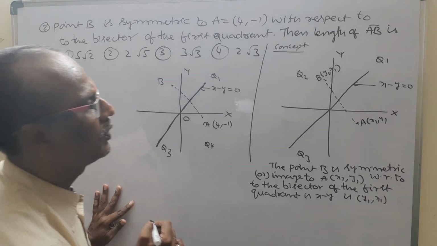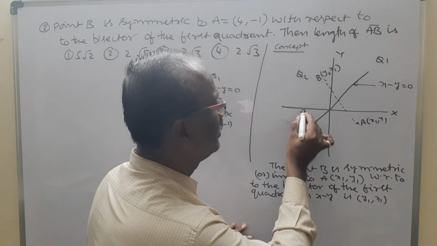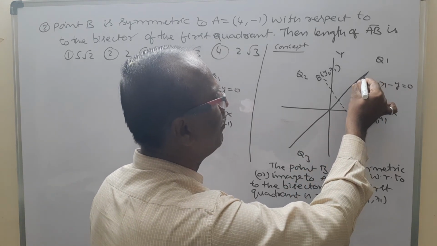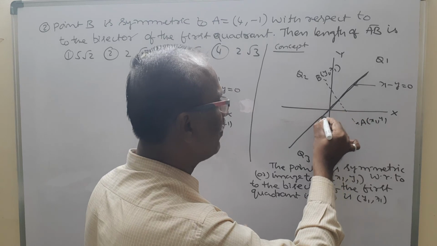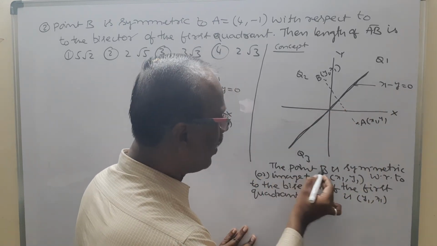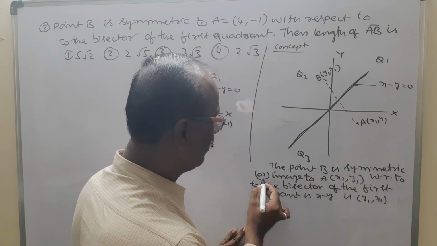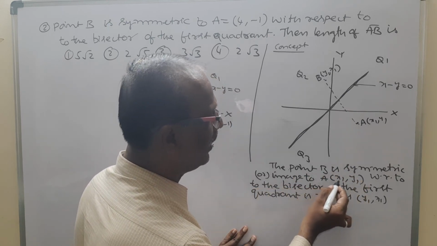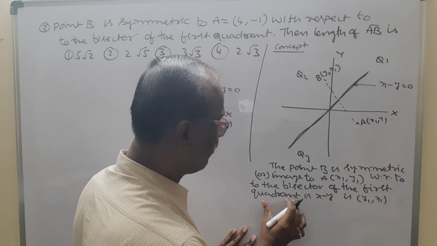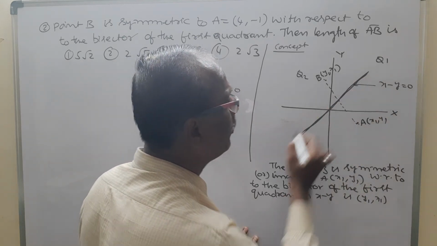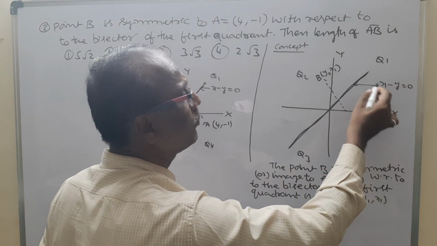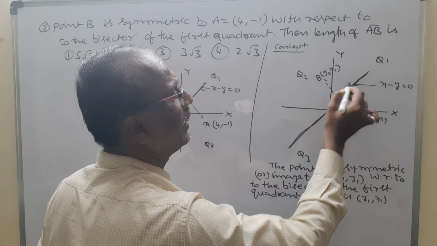Here one concept, listen here. In this coordinate axis, the first quadrant bisector is x minus y equal to 0. The point B is symmetric or image to capital A x1 comma y1 with respect to the bisector of the first quadrant. You remember that the first quadrant bisector is x minus y equal to 0. This proof is already known in intermediate.